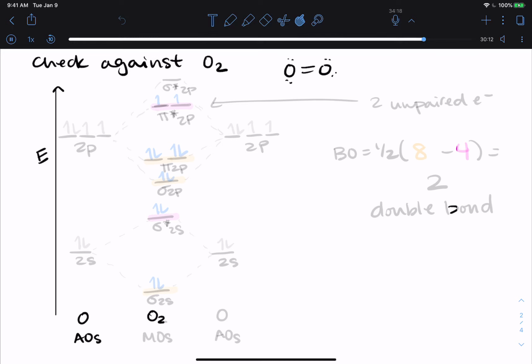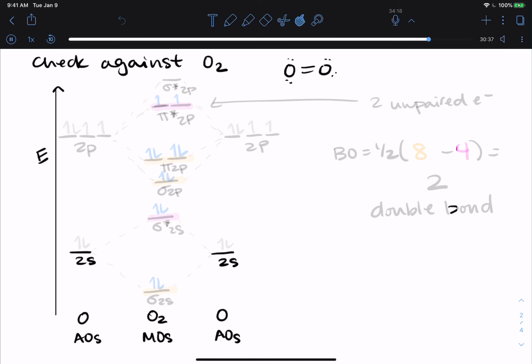The middle will be my O2 molecular orbitals. And then the right-hand column will be my oxygen atomic orbitals. The valence electrons for oxygen are in 2s and 2p. So I'll have a 2s and a 2s here at the same energy.